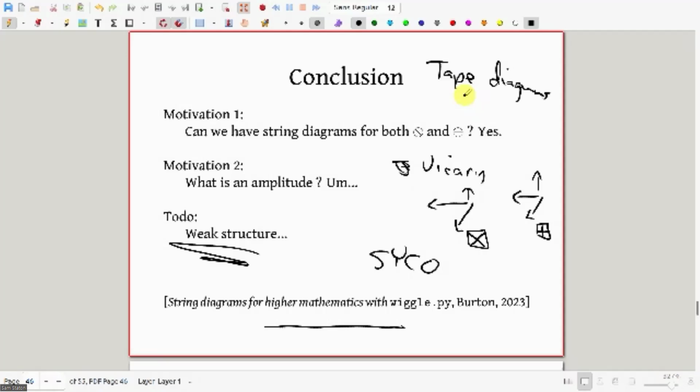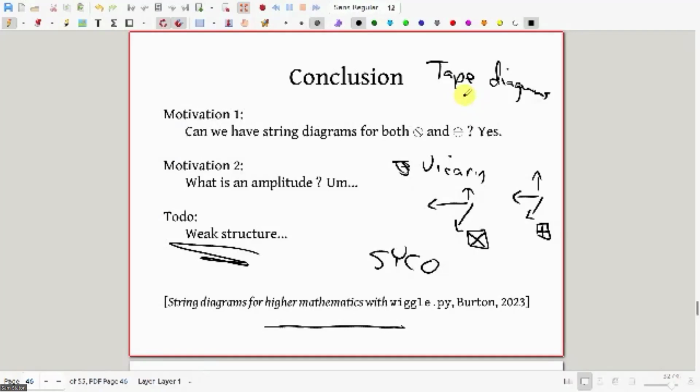Yes. Is there any possible connection with conformal field theory? Can you say more about that? It's just that your diagram seems to be similar to what you do with the whole.